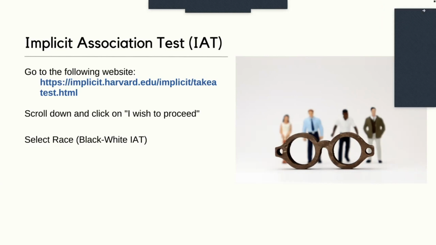While we're waiting, Mariela, a couple of messages have come in from folks. One notes that it's mostly asking for demographic info, and another person said they could not complete the race test. It would have been helpful to have a "no opinion" option, since the test required you to have an opinion. What if you don't? Yeah, it would have taken you just as long for both groups, so you would have eventually gotten a neutral response at the end.